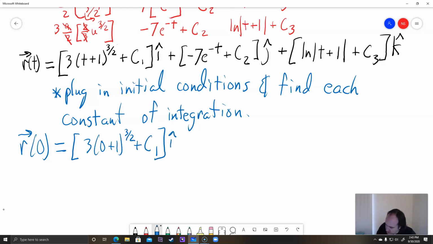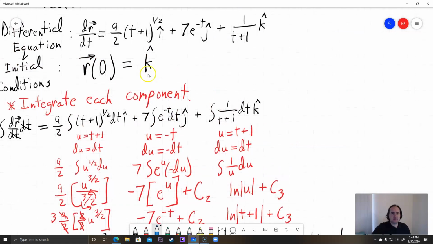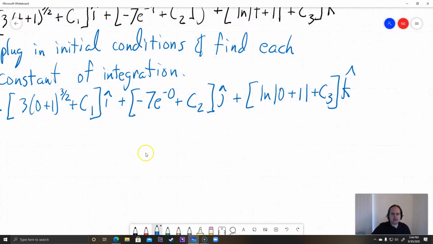And then for the second component, we have plus negative 7 e to the negative 0 plus C2 times j. Okay, and then for the third component, we have plus ln of absolute value of 0 plus 1 plus C3 times k. Okay, and we know that r of 0 is actually equal to k. So we're going to be setting this equal to k.